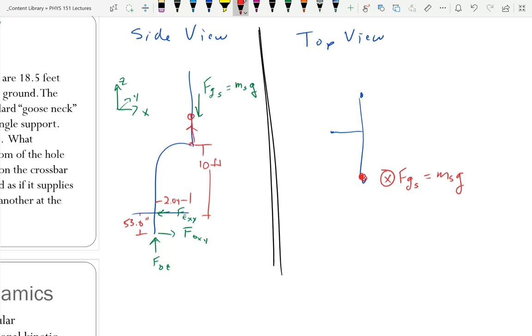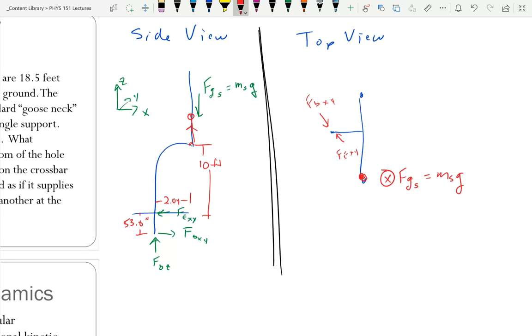And we have our forces. There's force bottom XY. And there's also going to be force of the earth XY there.